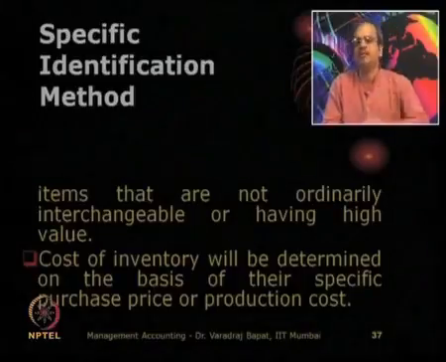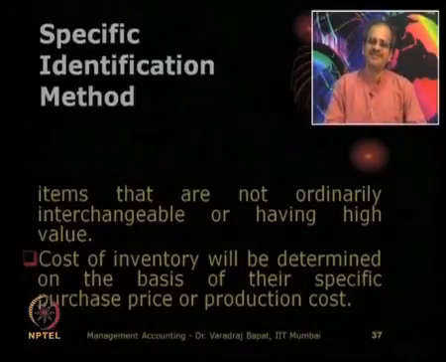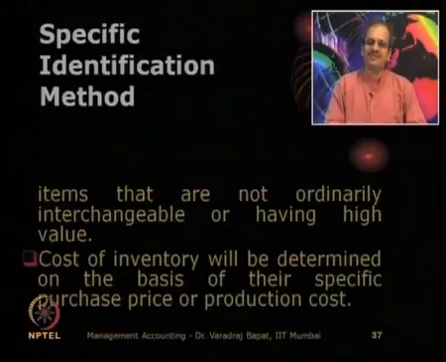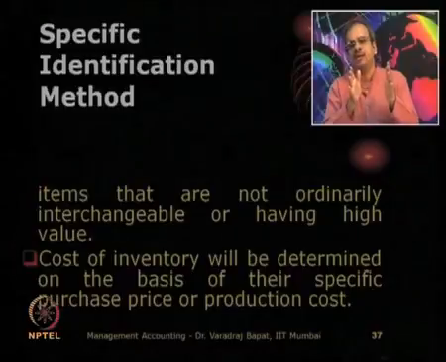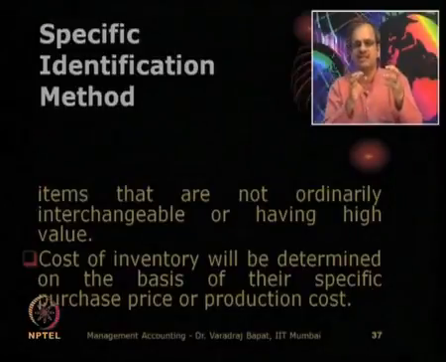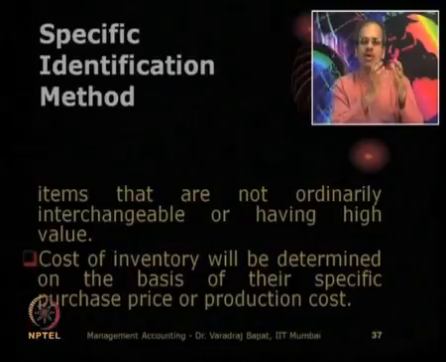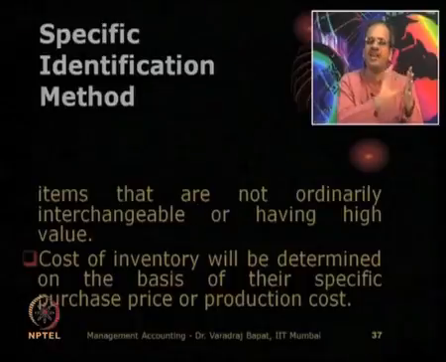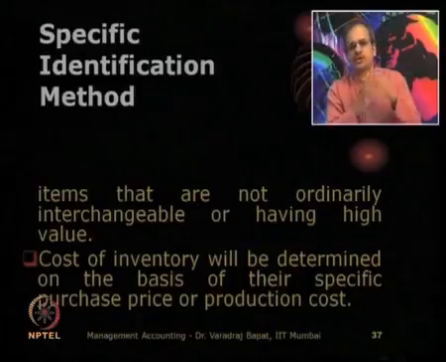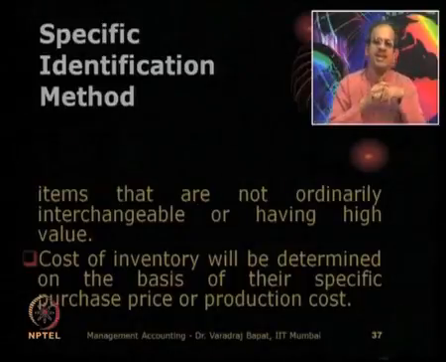Same way, for which other items can you use it? There are specialized items, let us say designer clothes. Each item of clothing which is made is very special and a costly item. Each item is different from other items, so it is possible to use specific identification.